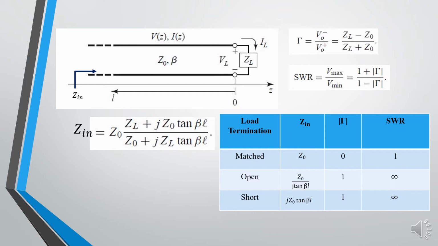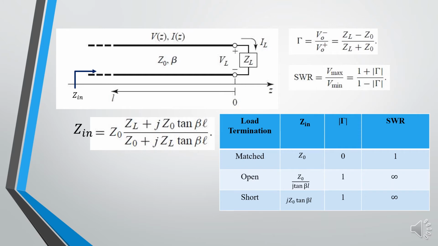For matched termination, ZL should equal the characteristic impedance Z0, and if the load impedance equals the characteristic impedance, the magnitude of the reflection coefficient becomes 0, because the numerator of the expression for rho becomes 0, right?